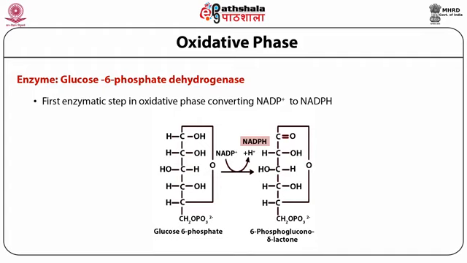If you see in the figure, hydride is transferred to the NADP plus, forming a lactone, which is an intramolecular ester. Reaction starts with glucose 6-phosphate dehydrogenase, which oxidizes the aldehyde at carbon 1 position of glucose 6-phosphate to a carboxylate group.